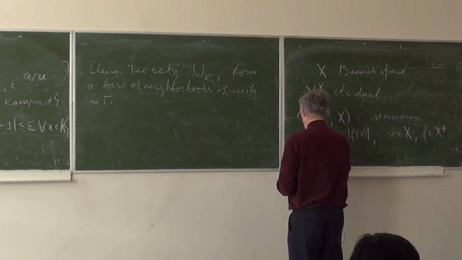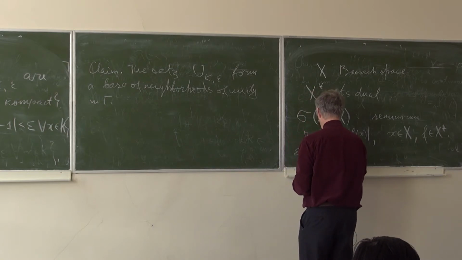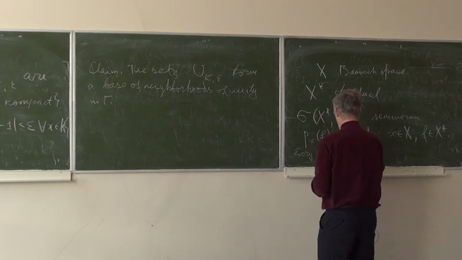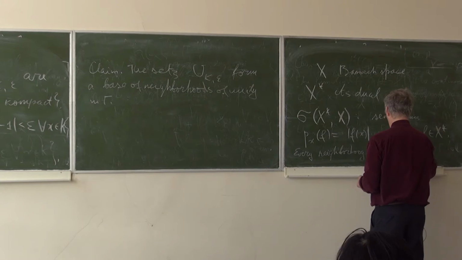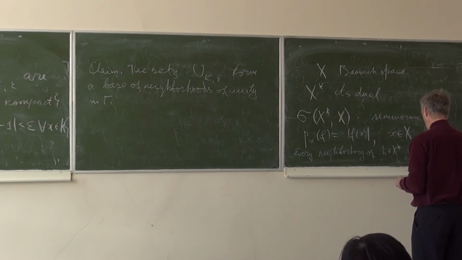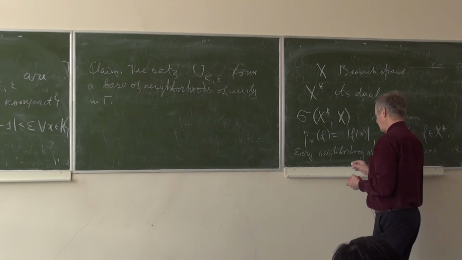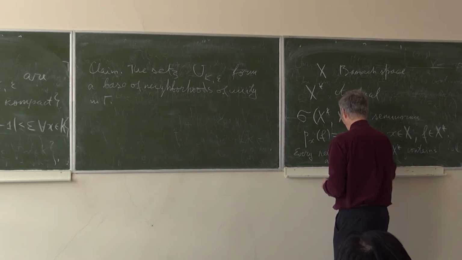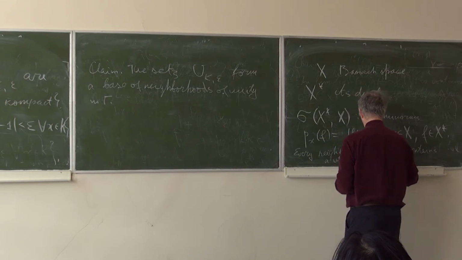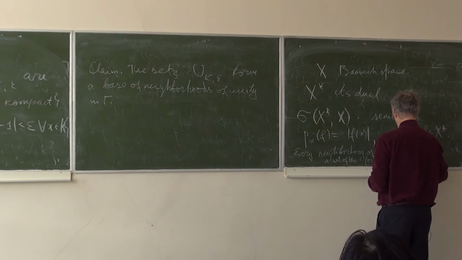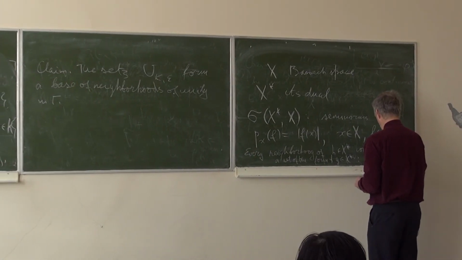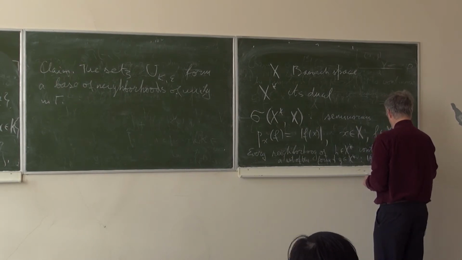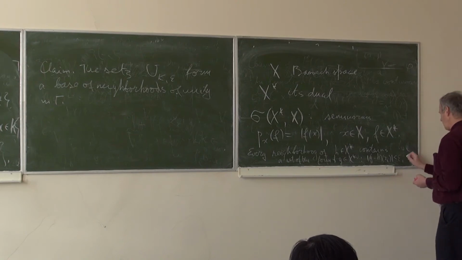every neighborhood of an element H in X star contains a set of the form: G in X star so that the absolute value of G minus H on Xi is smaller than epsilon, where i runs over some finite set.